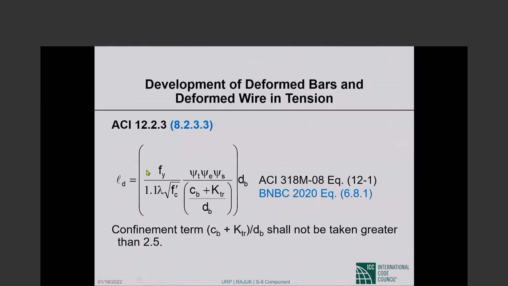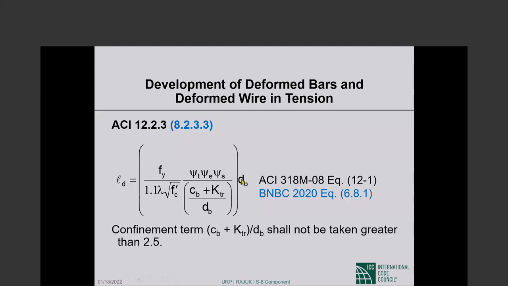Here also, we have the yield strength of the reinforcement and the compressive strength of the concrete, the lightweight concrete factor lambda. Here we have an additional factor psi sub s, the bar size factor, and we will look at what all those factors are.